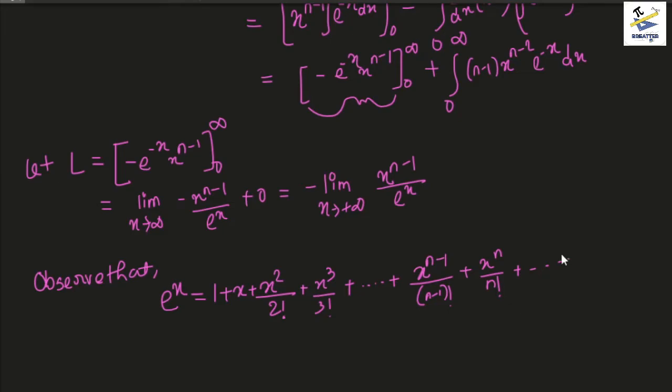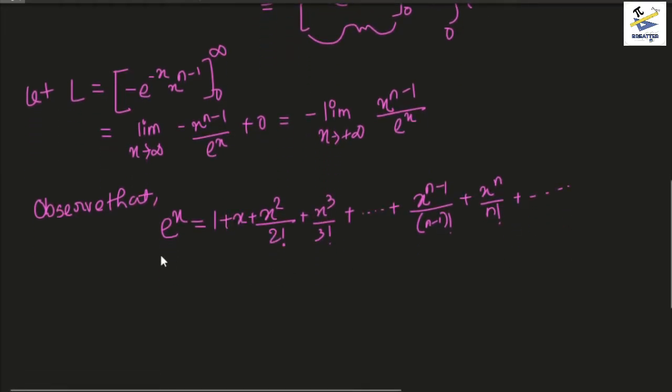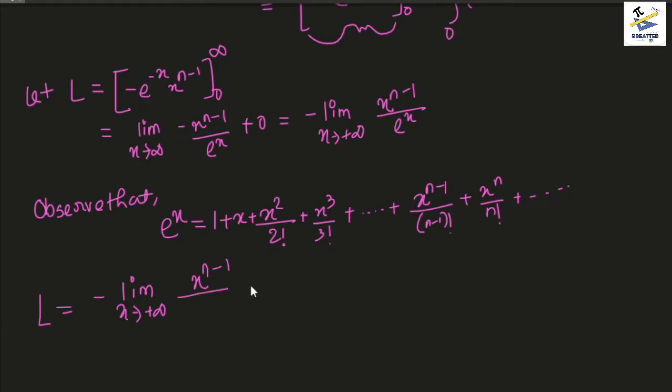Now if we can use this expansion in a way where we can put the value directly like this, where we have limit x tends to positive infinity x to the power n minus 1 divided by x to the power n minus 1 by n minus 1 factorial plus x to the power n by n factorial and so on, right?